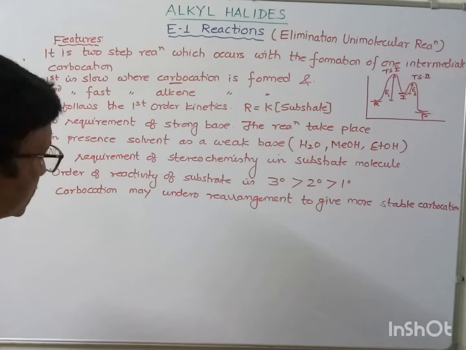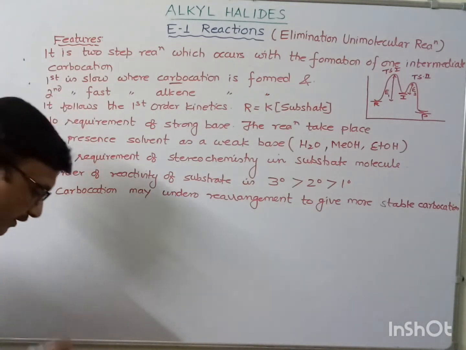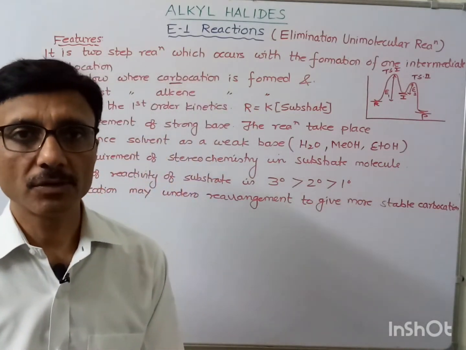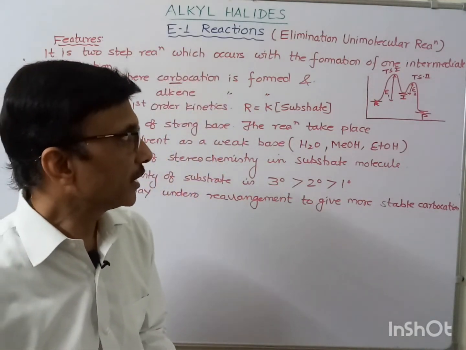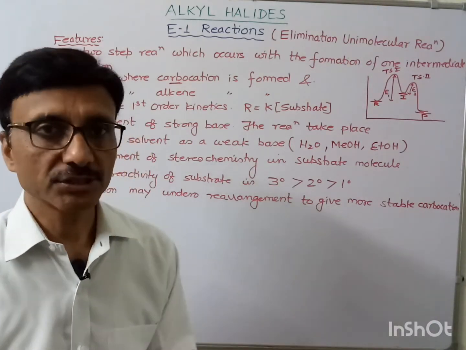Okay, now let's see the example of this E1 reaction. And in E1 reaction, one thing, some side product may be formed. Some side product which may be formed via this SN1 reaction also.